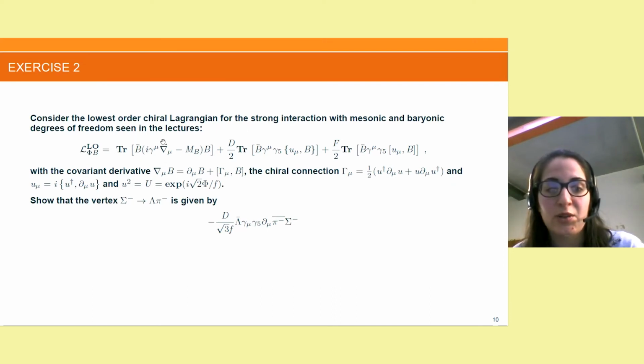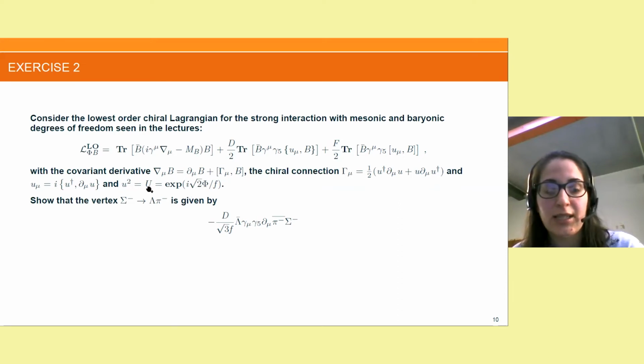And then there are some covariant derivatives that are defined as this here. It's the derivative of the baryon field, but then there is this other term here that is defined in terms of the so-called chiral connection that has this shape here, in terms of these U fields.